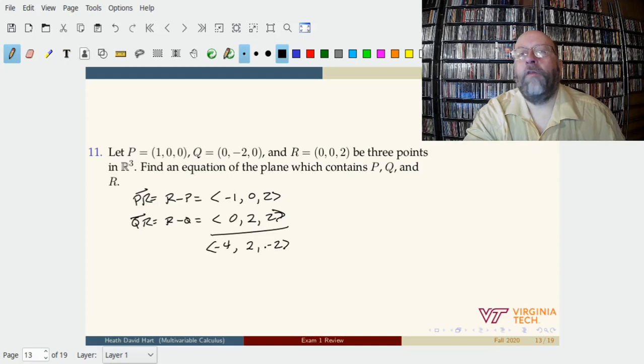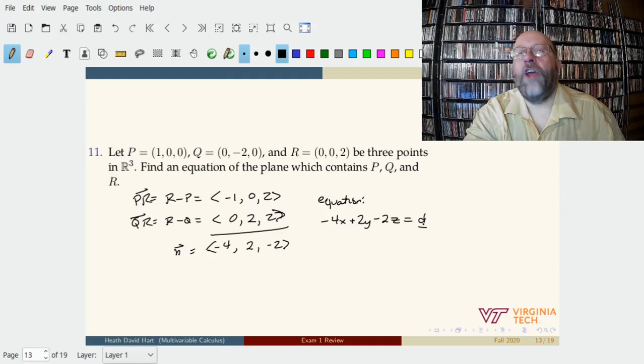And so this is our normal vector. Okay? And so the equation that we want is -4x plus 2y minus 2z is some constant.